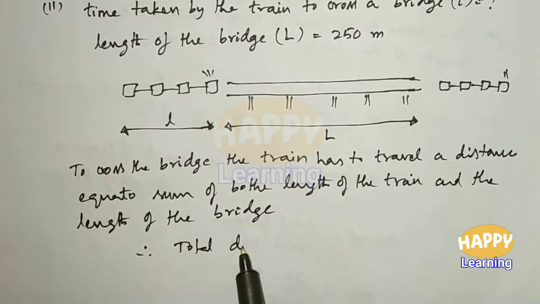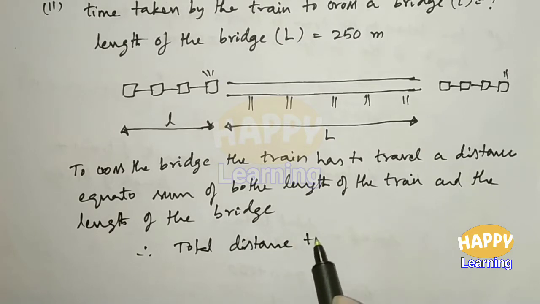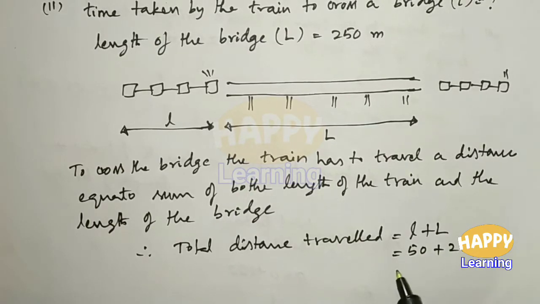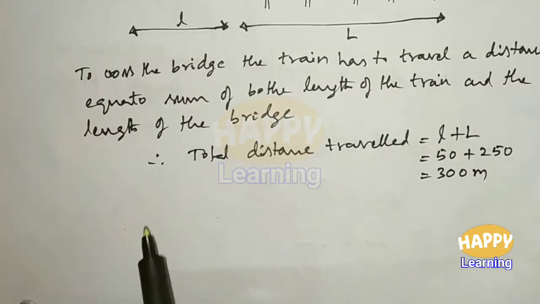Note down the difference. Therefore, total distance traveled is equal to small l plus capital L, 50 plus 250, that is equal to 300 meter.